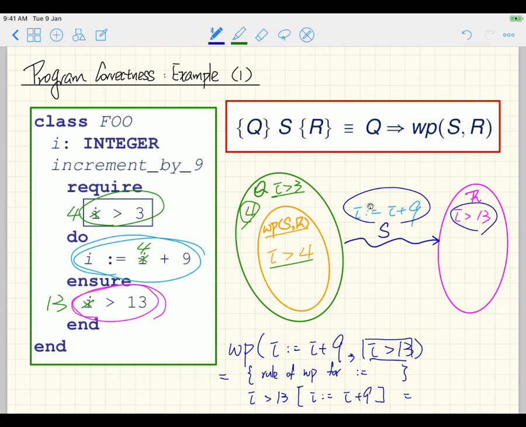Every occurrence of i, for example this is one occurrence of i, replace that by i plus 9. What I have is i plus 9 larger than 13. Let's simplify that. That's simply i larger than 4. No magic. That's exactly the weakest precondition I gave to you.